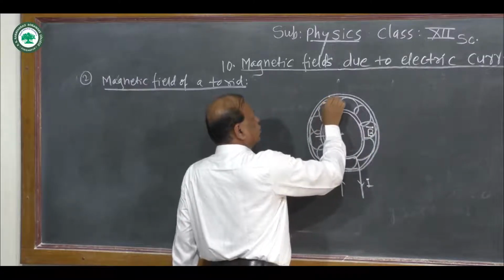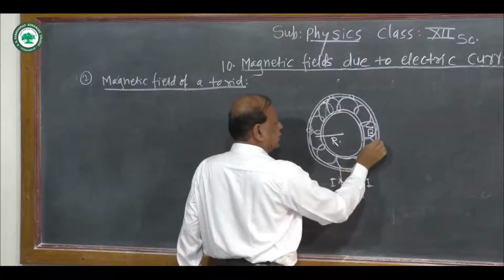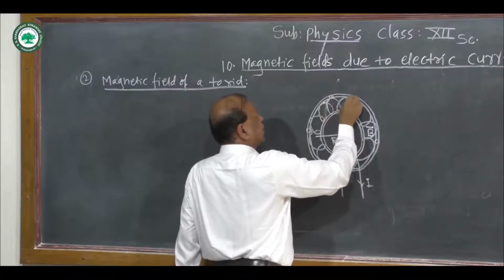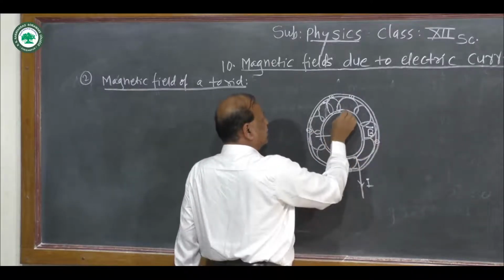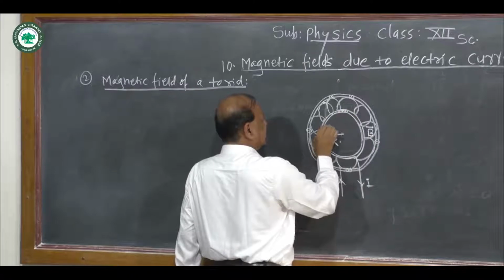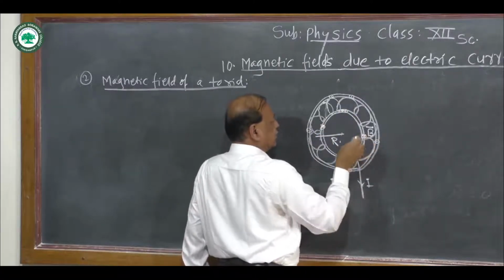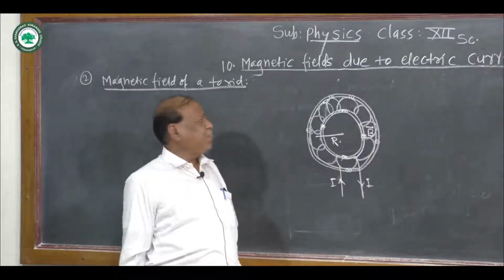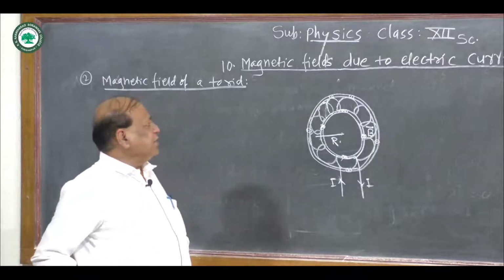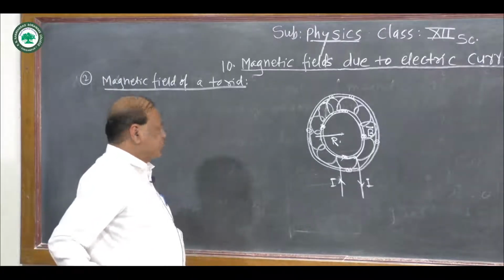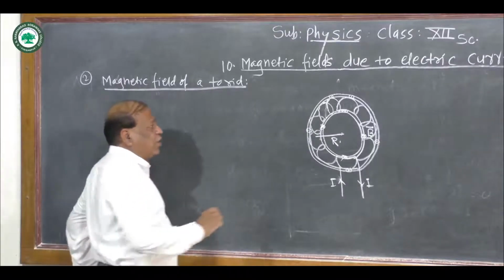Here we see that these currents which are outcoming, and this inner part shows that this current is directed inward, and this current is in an outward direction. Then what is the magnetic field produced by this toroid? Applying Ampere's Circuital Law.